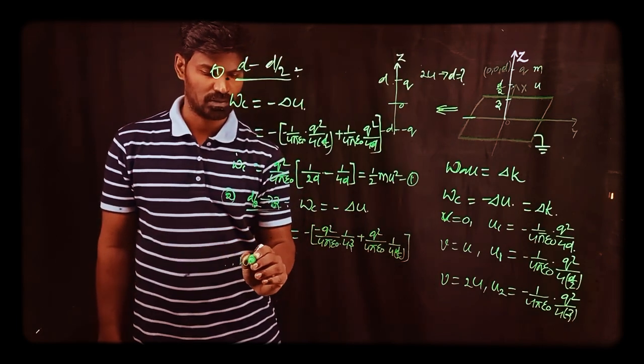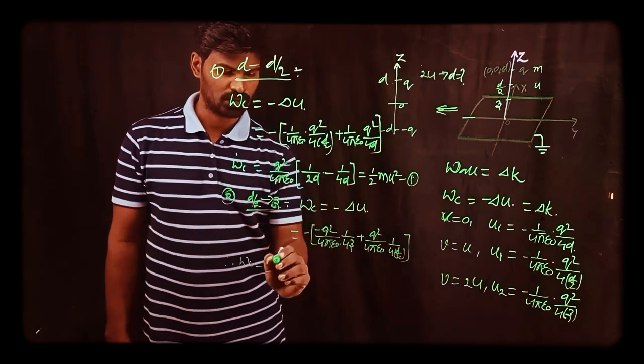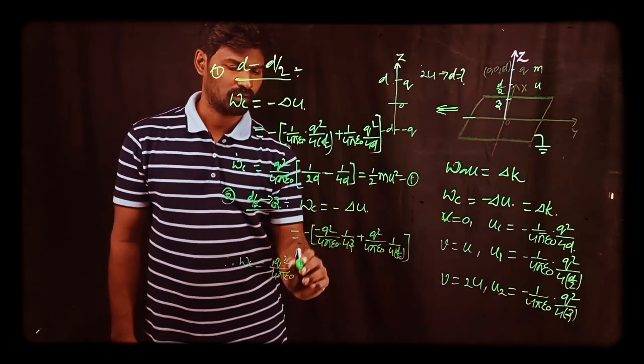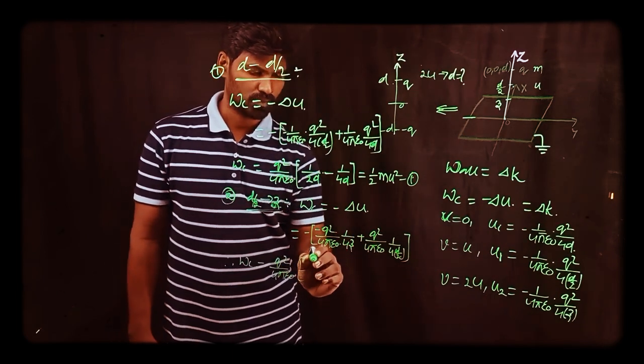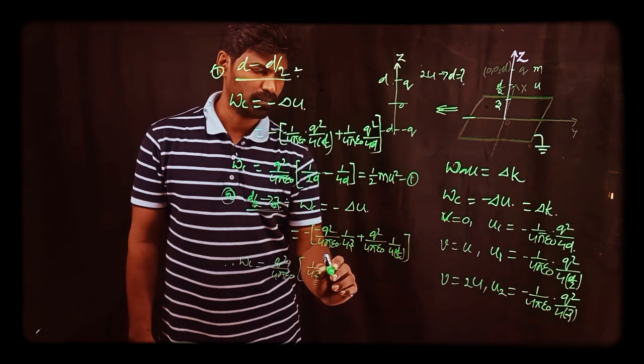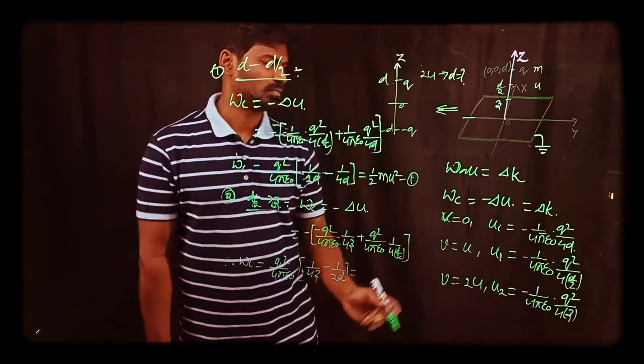Therefore, work done by the conservative force in this interval is given by minus into minus plus, taking q square divided by 4 pi epsilon naught as common. You will be getting 1 divided by 4z minus 1 divided by 2d, which is equal to the change in kinetic energy.